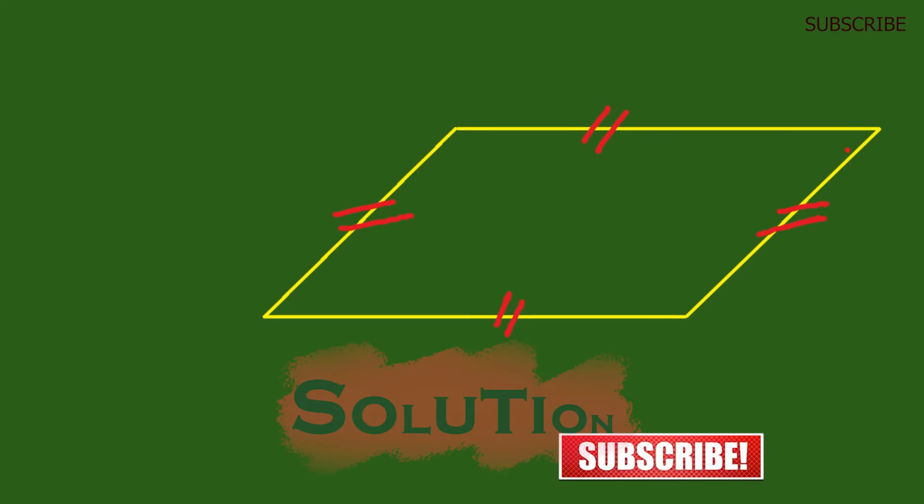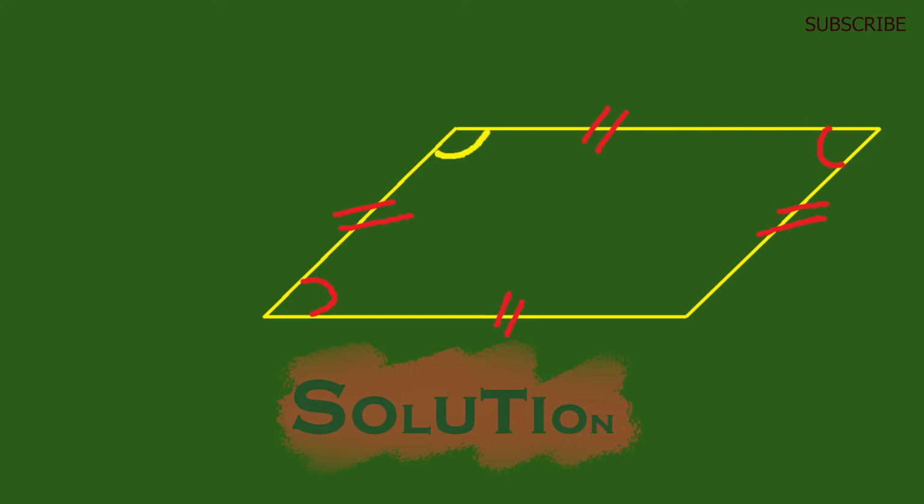Now if I try to measure the angles with a protractor, you'll find that the opposite angles are the same, but these are not 90 degrees now.